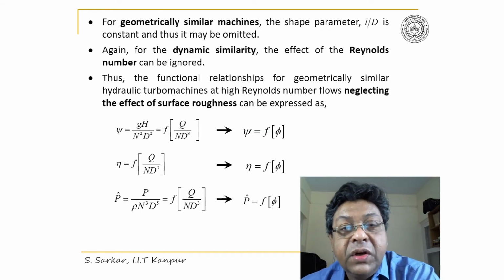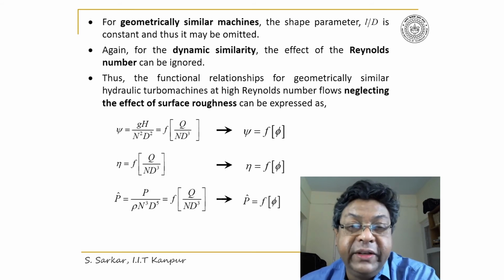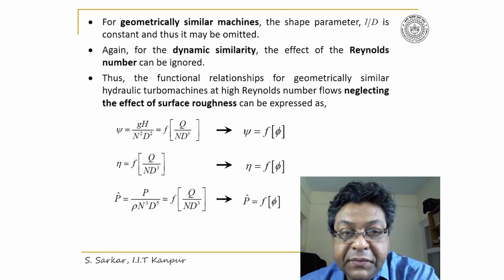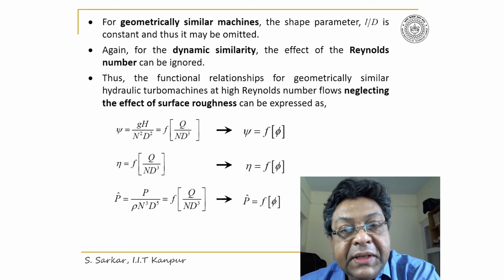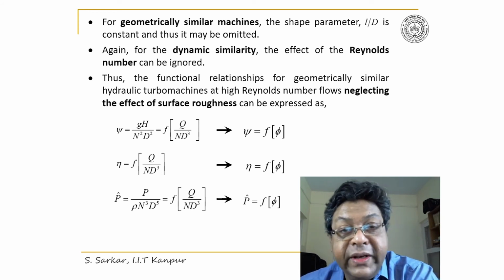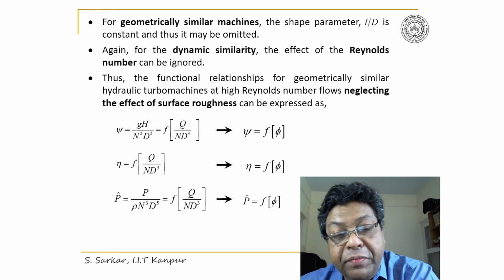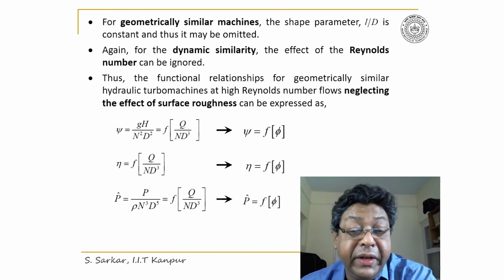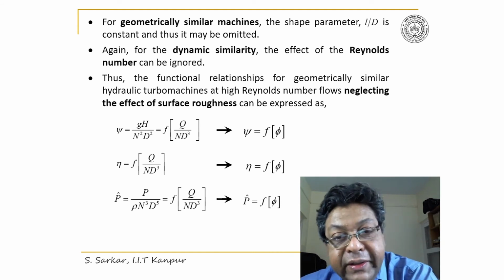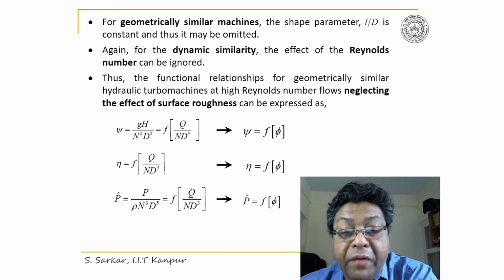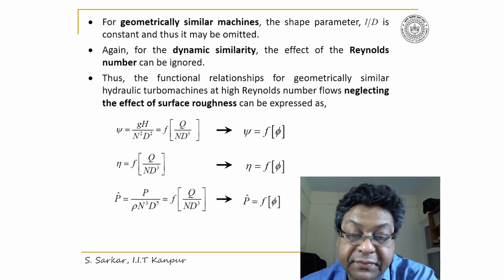Now, for geometrically similar machines, the shape parameters L by D and E by D are constant, and thus they can be omitted from the above relations. Again, if dynamic similarity is maintained above the geometric similarity, then the effect of Reynolds number can be ignored.